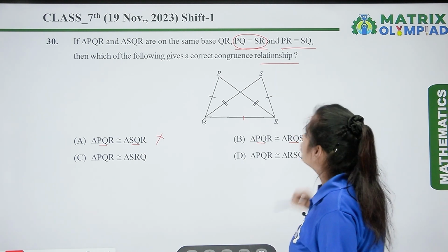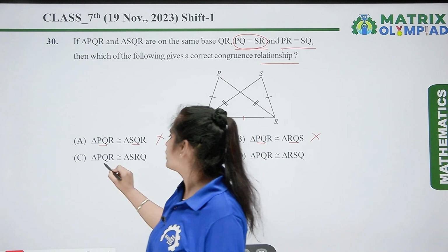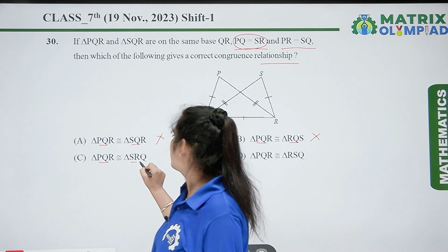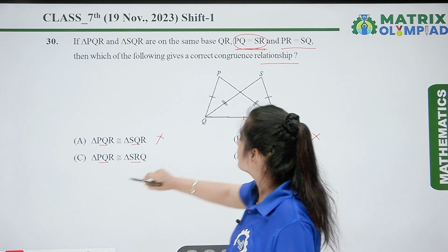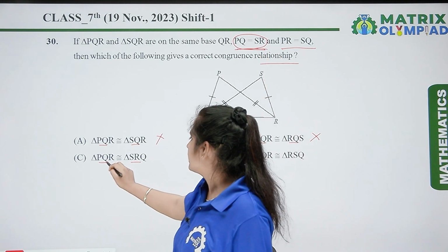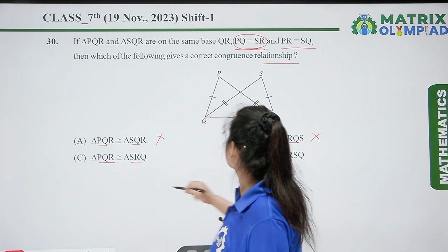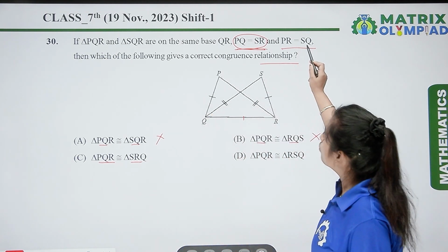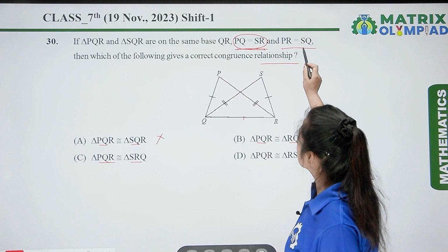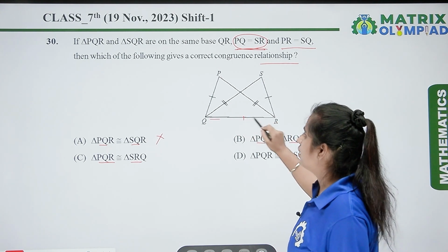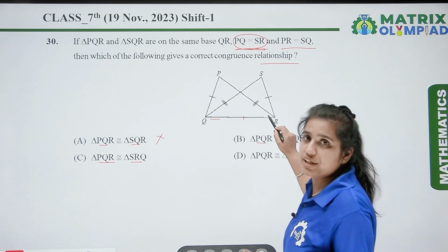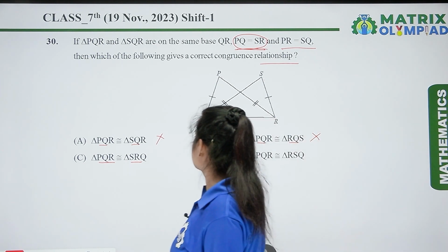So this is also incorrect. Now the next one is PQ is equal to SR. Yes, PQ is equal to SR. Then QR is equal to RQ. Yes, the base is the same. So this can happen.